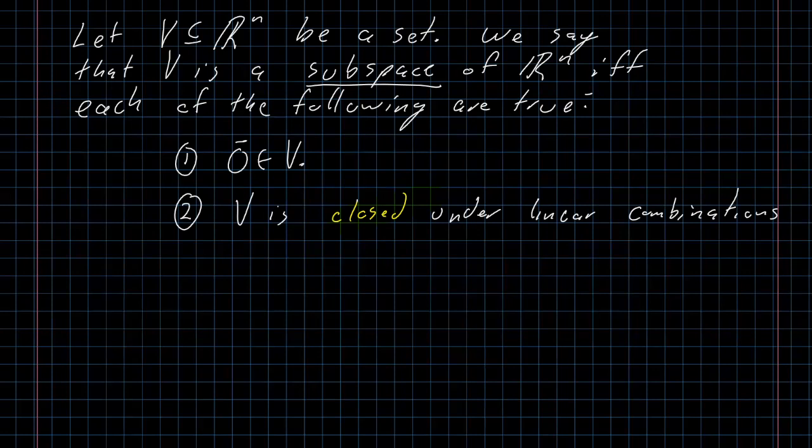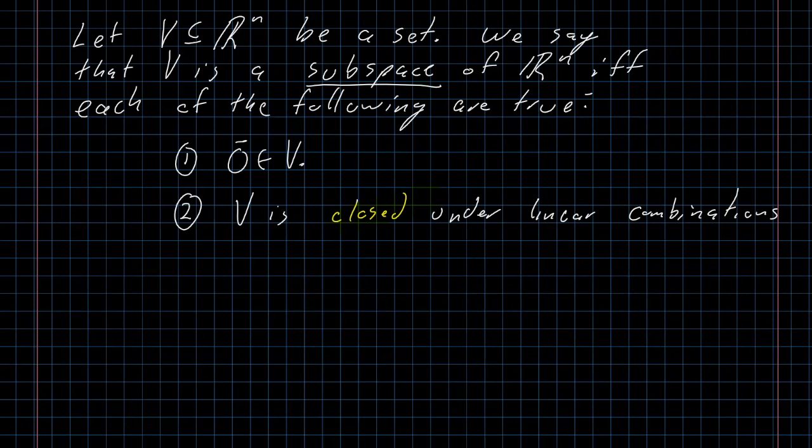All right. And once again, depending on your background, you may or may not have come across the idea of the closure of a set before. When we say that a set is closed under an operation, what we mean is that if you take things from the set and you perform that operation, the result is another thing in the same set.